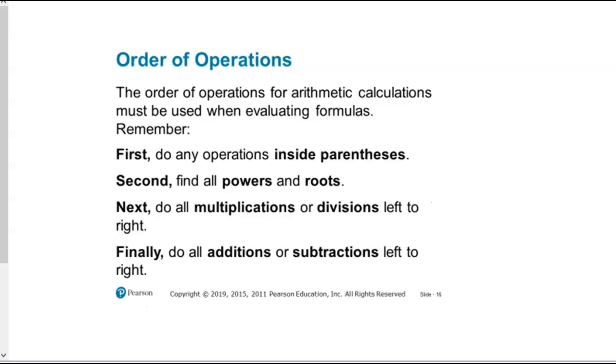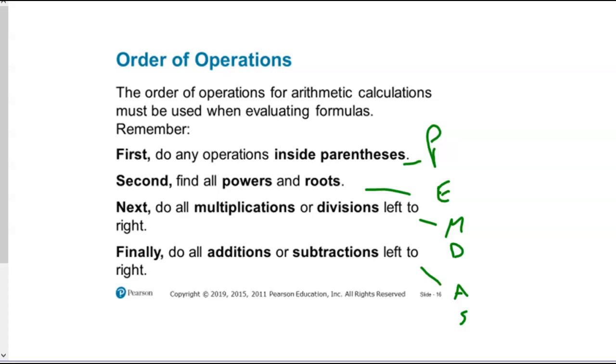So when we look at the order of operations, again, some of you might remember this from before. PEMDAS: parentheses, and then exponents. So right here, we've got parentheses, exponents, multiplication, division, addition, subtraction.